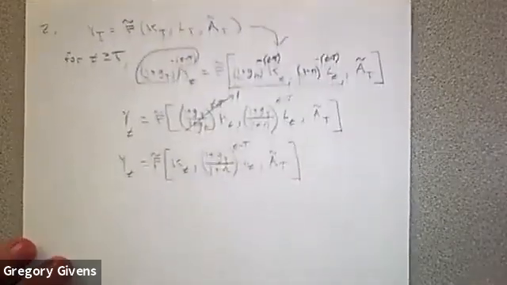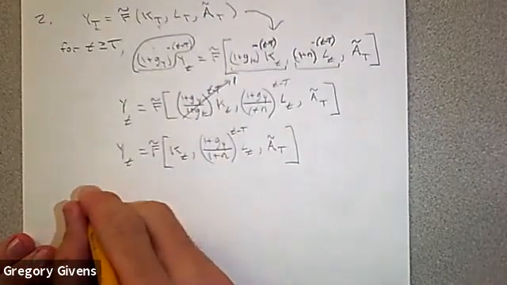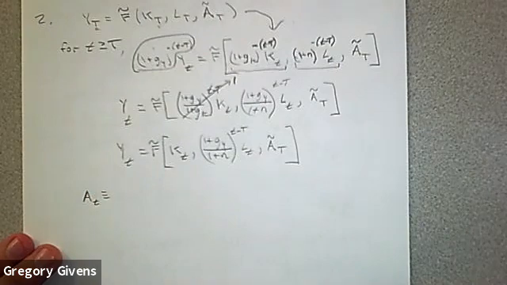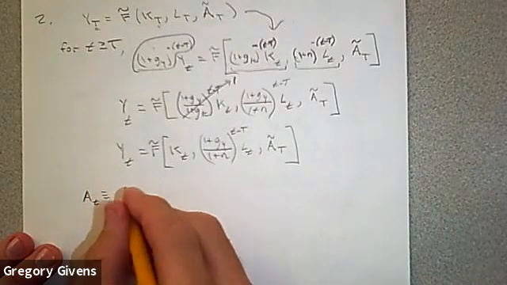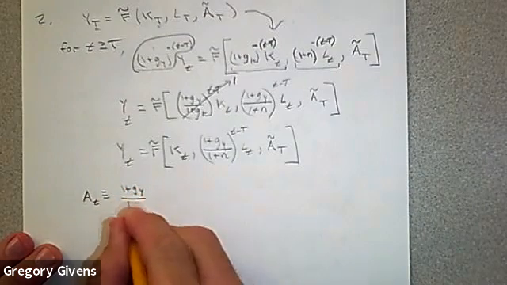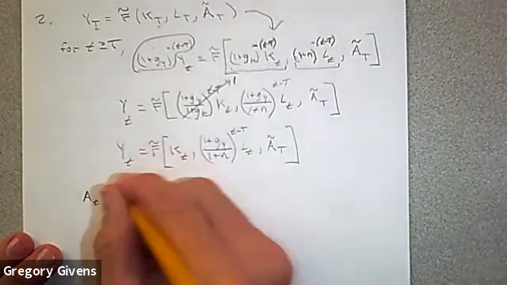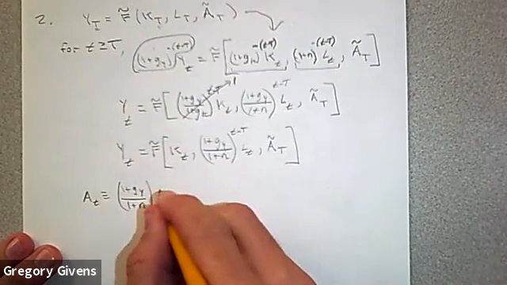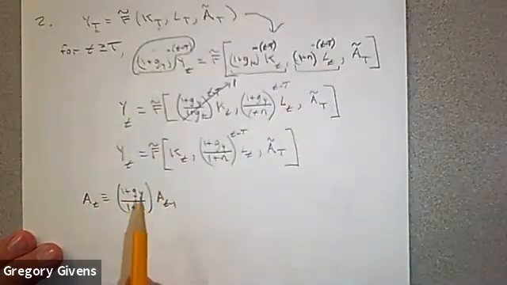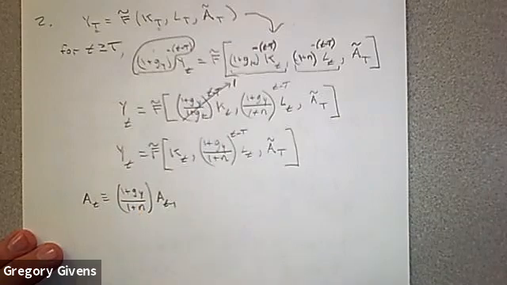Now let us define a technology parameter A_t as the following. I'm going to define this as (1 + gy) over (1 + n) times A_{t-1}. So A_t grows at this constant rate, (1 + gy) over (1 + n).